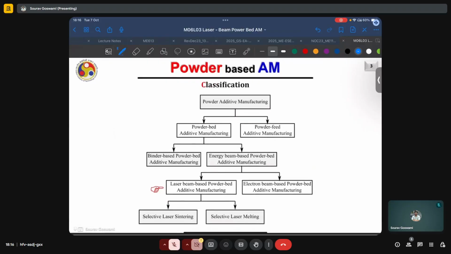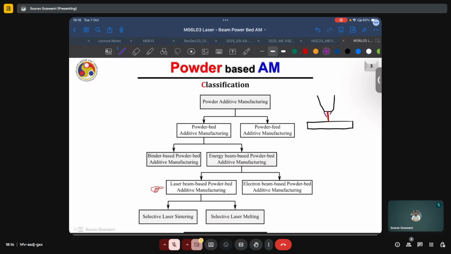And as we already looked before, powder additive manufacturing can be classified into a powder feed type and a powder bed type additive manufacturing process. In a powder feed process, the deposition head has nozzles, and we saw a good number of various configurations in which either the laser comes from the center and the powders come from the side or the other way around.